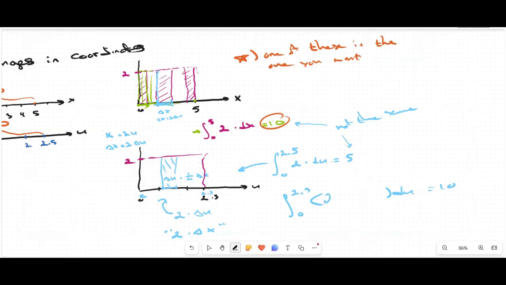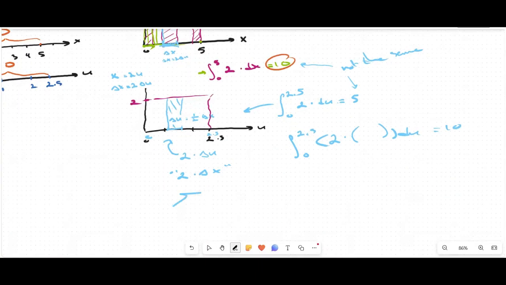So instead of putting the function 2 times delta u, we set up a Riemann sum where we use the base length we would get in the x coordinate system. And in the end, this ends up giving us one more factor of 2 right there.